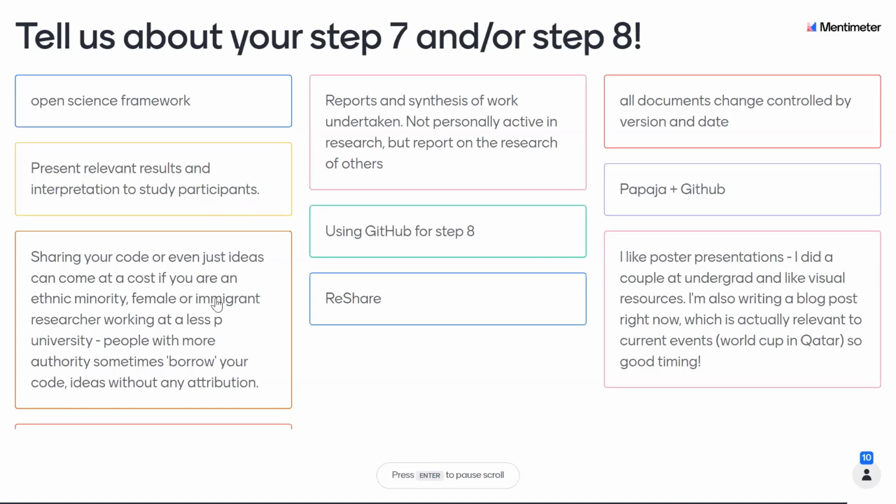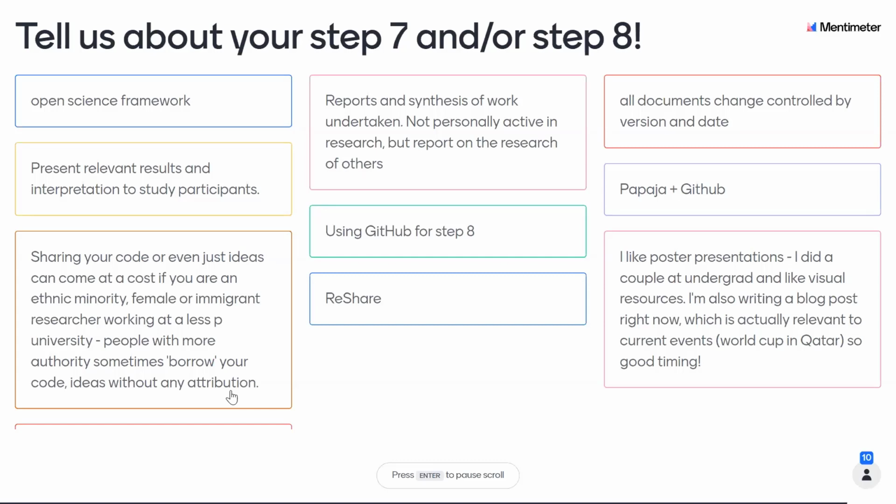Good. Sharing your code or even just ideas can come at a cost if you're an ethnic minority, female, or immigrant researcher working at a less prestigious university, STEM, I assume. People with more authority sometimes borrow your code ideas without any attribution. That is absolutely a good reason to document everything you're doing as well, because you can bring up that you attended this meeting and shared this idea, and then this person started using your idea without attribution.